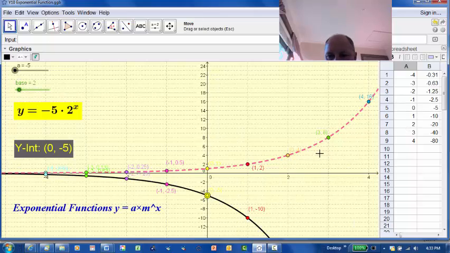If you look at the table here, 2, 4, that becomes 2, -20. 4 times -5 is -20, so it's down here at -20. This point here, -1.5, that becomes -1, -2.5. 5 times further away from the x-axis.